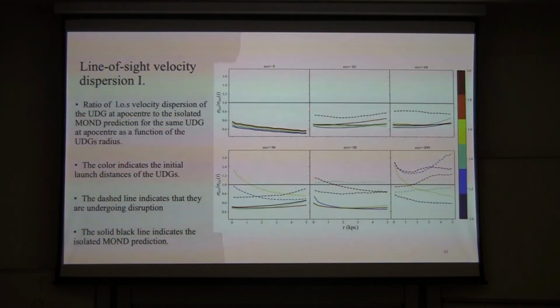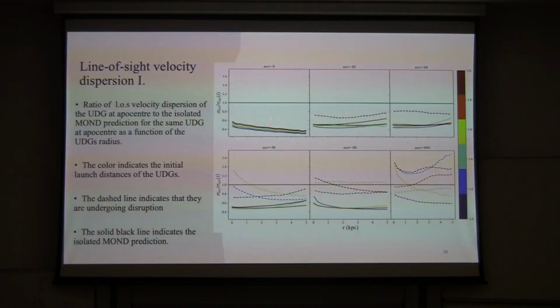So I use all the snapshots where the UDGs are at the apocenter, and take the line of sight velocity dispersion for these snapshots divided by the isolated MOND prediction for that galaxy at that snapshot, meaning I use the mass, effective radii, and Sersic index for that particular snapshot, and use the isolated MOND prediction at that particular apocenter. This is the one line.